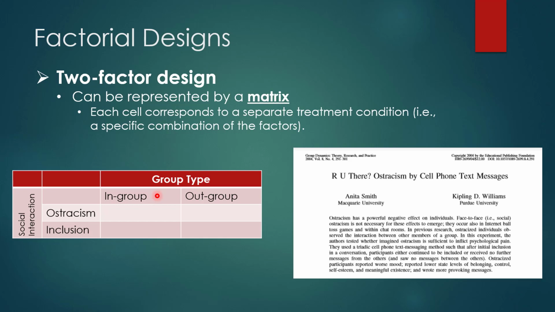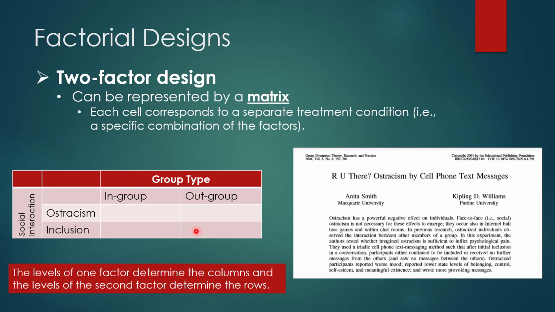So if the participant said, yes, I smoke, they would say, oh, so do I. If the participant said, no, I don't smoke, oh, neither do I. In the out-group, the response was the opposite. So if the participant said, yes, I smoke, the confederate would say, oh, well, I don't. And if the participant said, I don't smoke, the confederate would say, oh, but I do. And then again, they would either be ostracized or they'd continue to be included in the text messaging stream.